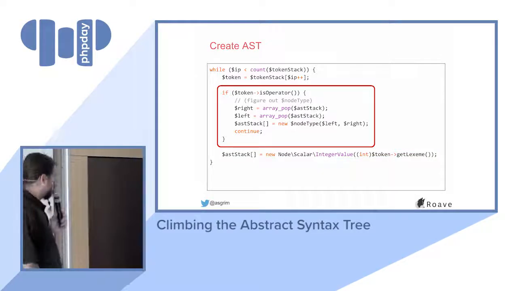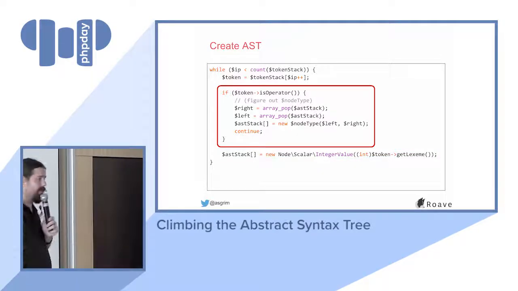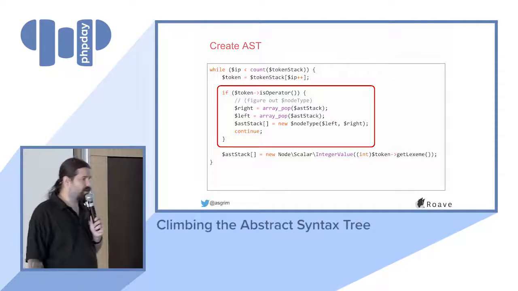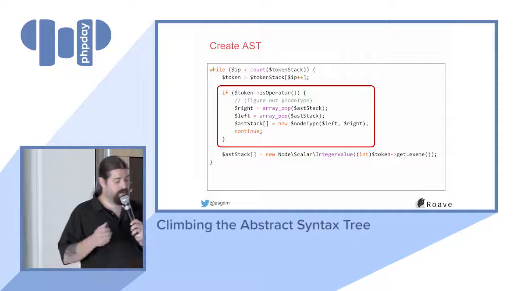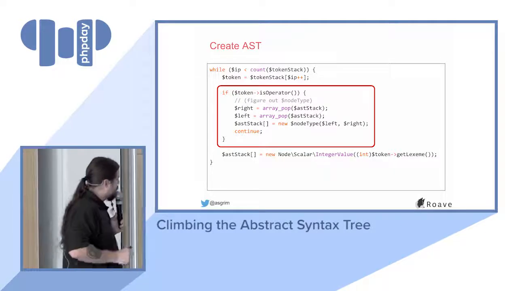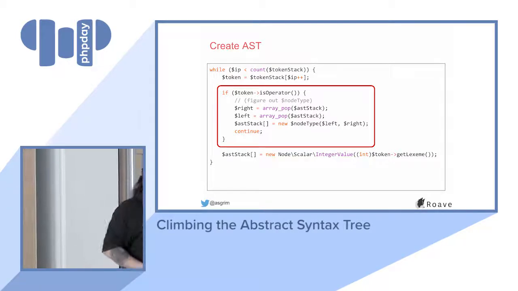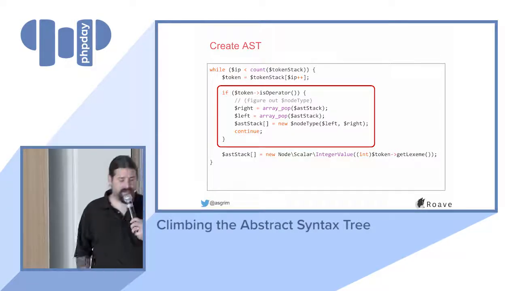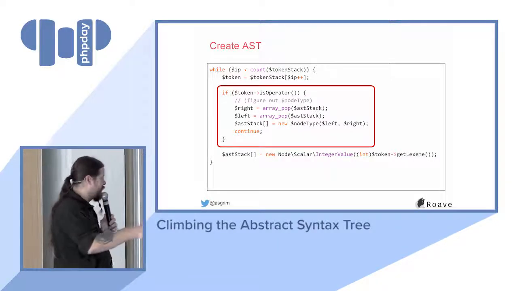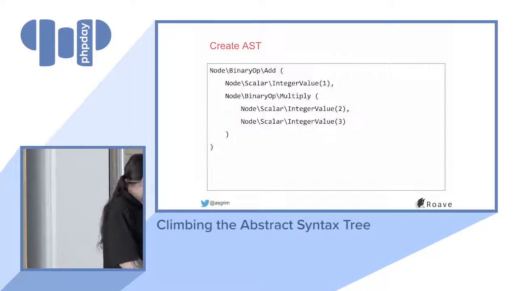If it's an operator, we need to actually perform some kind of operation here. We need to create the specific kind of AST node. In this case, I've left it dynamic. We've figured out the node type. The source code on GitHub has all this, so the actual execution of it is all there.